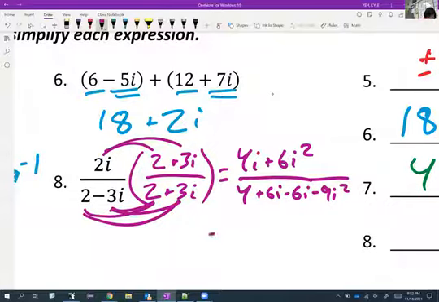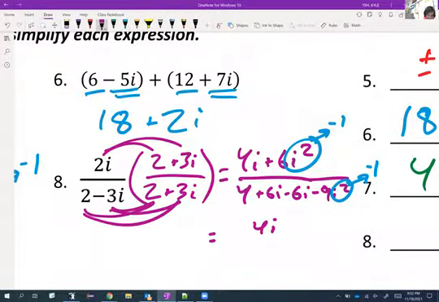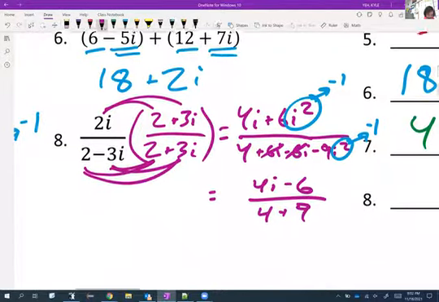Well, that's going to be 4i minus 6, right? I'll go ahead and do that now. That's a negative 1, and that's a negative 1. So 4i minus 6, because it's 6 times that negative 1, over 4 plus 9, because that's minus 9 times negative 1.